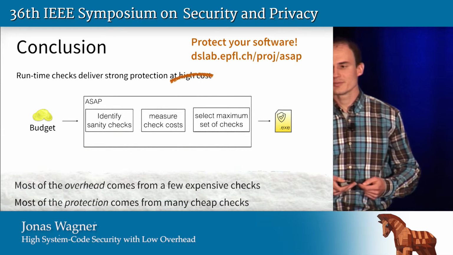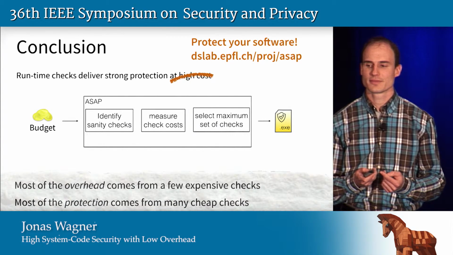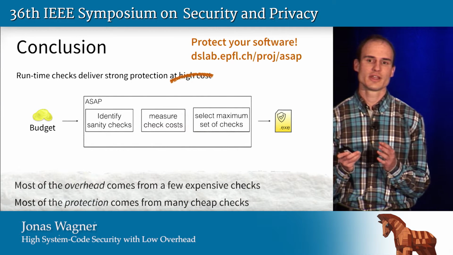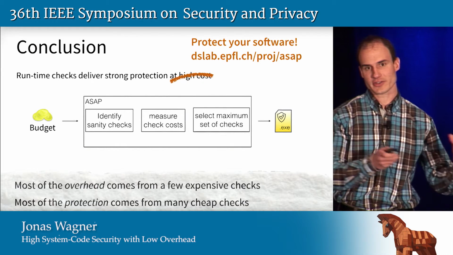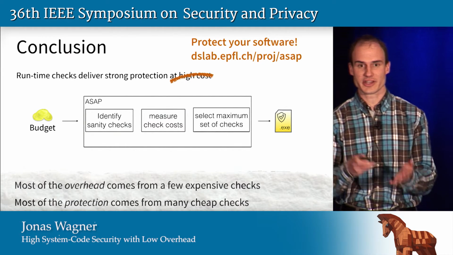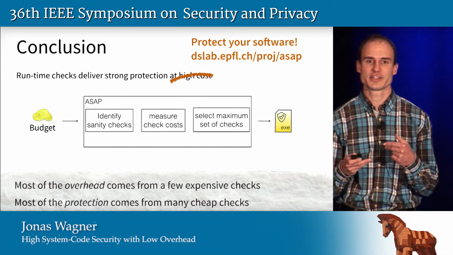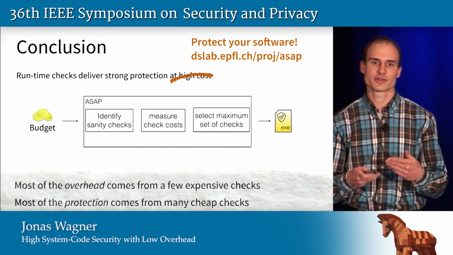Yes, so I think this is a great point. What we do is we look at each check and we select them or not purely based on their cost. And what you're saying is that you could also select checks based on their merit, or based on whether the operation that they protect has input-dependent data, right?